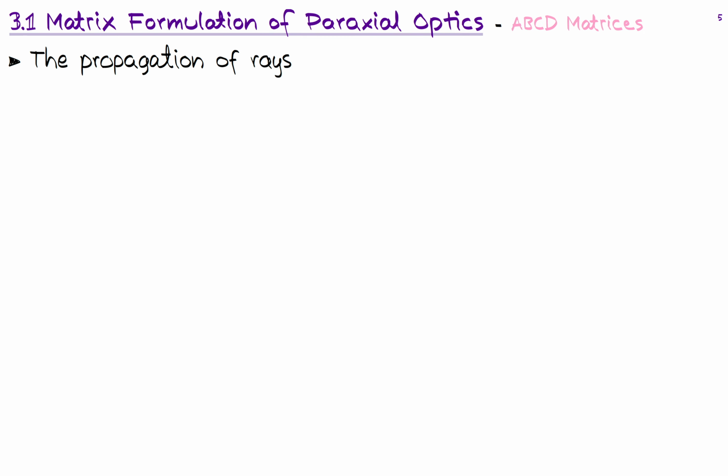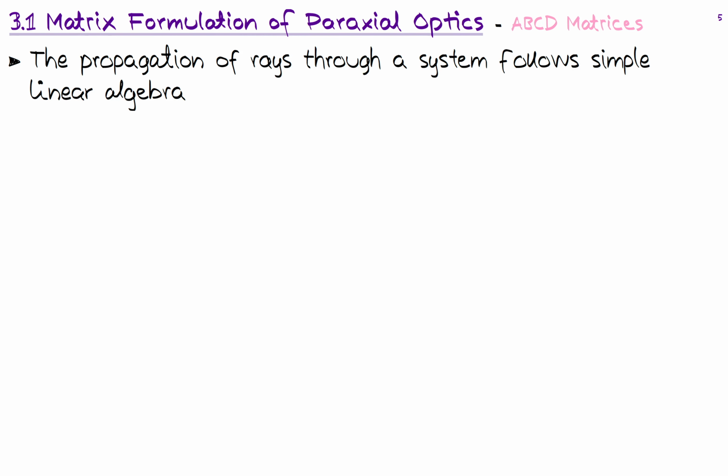Okay, so let's move forward. The propagation of rays through a system follows simple linear algebra. Essentially, that would be a matrix vector multiplication. So we have our output vector, and we get this output vector by multiplying our input vector with this A, B, C, D matrix.